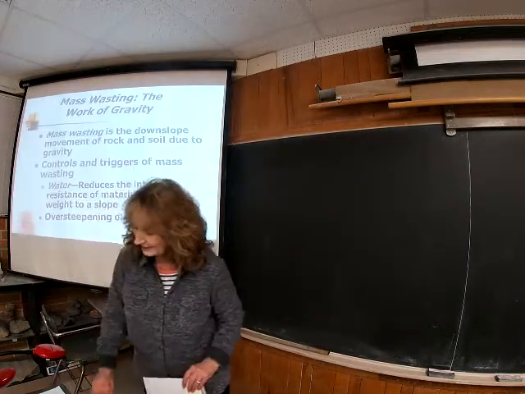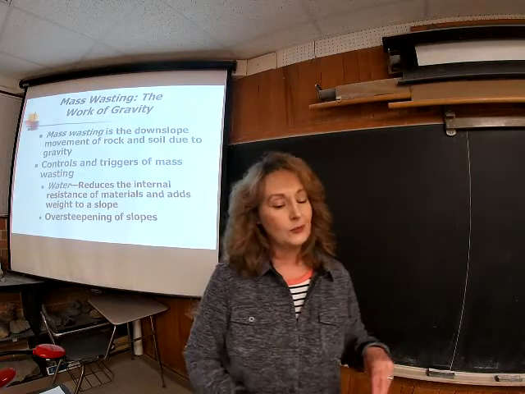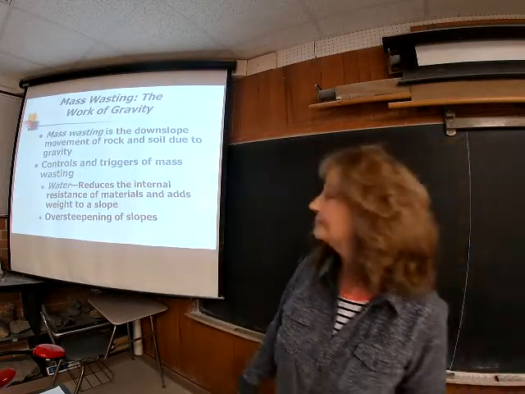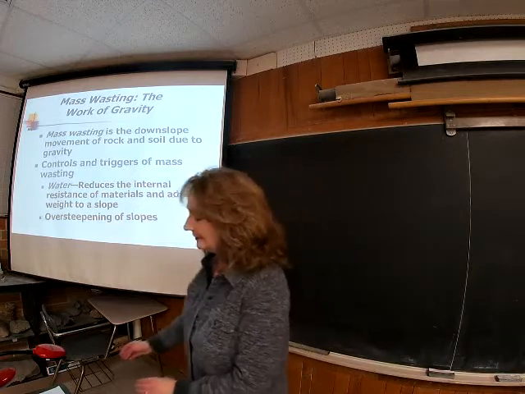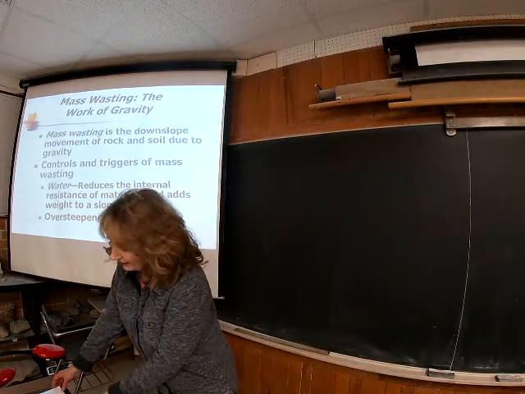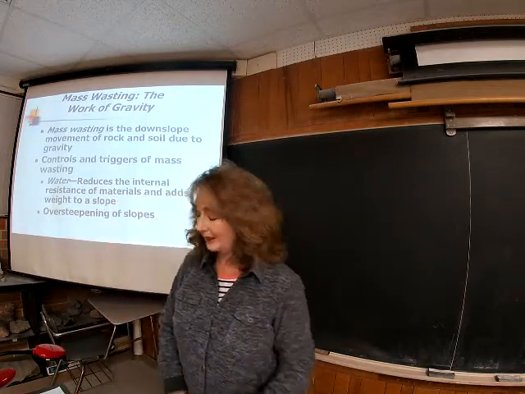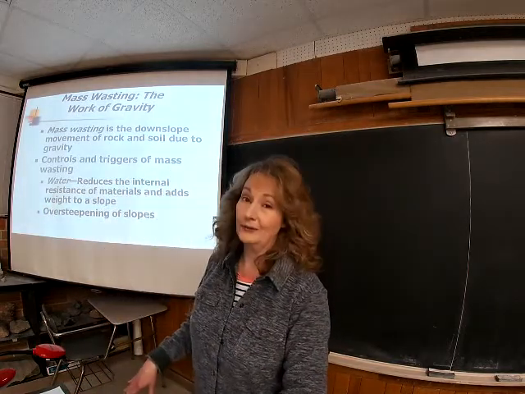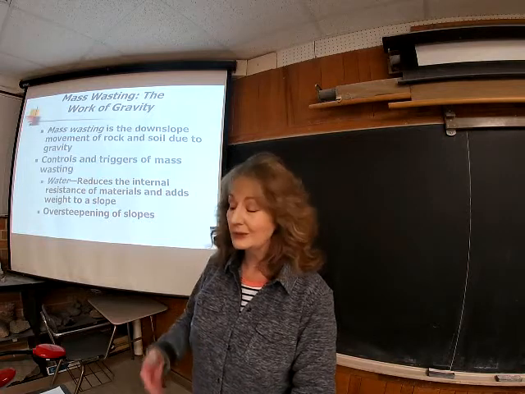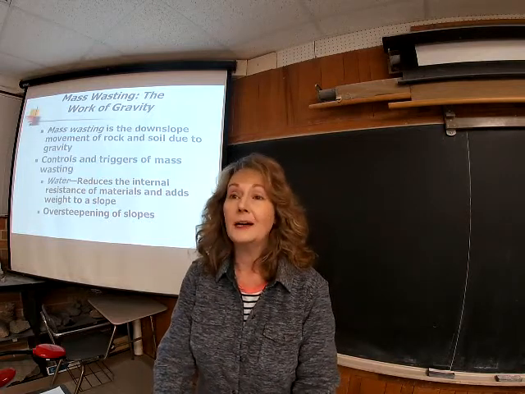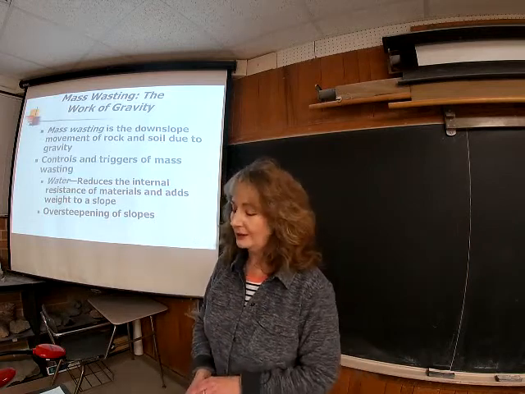Okay. So this mass wasting, that downslope movement of our sediment, can be triggered by various things, and so we're talking about, of course, this list here that they're beginning. Water, of course. Water is going to reduce the internal resistance of the material and allow it to flow a little bit better.